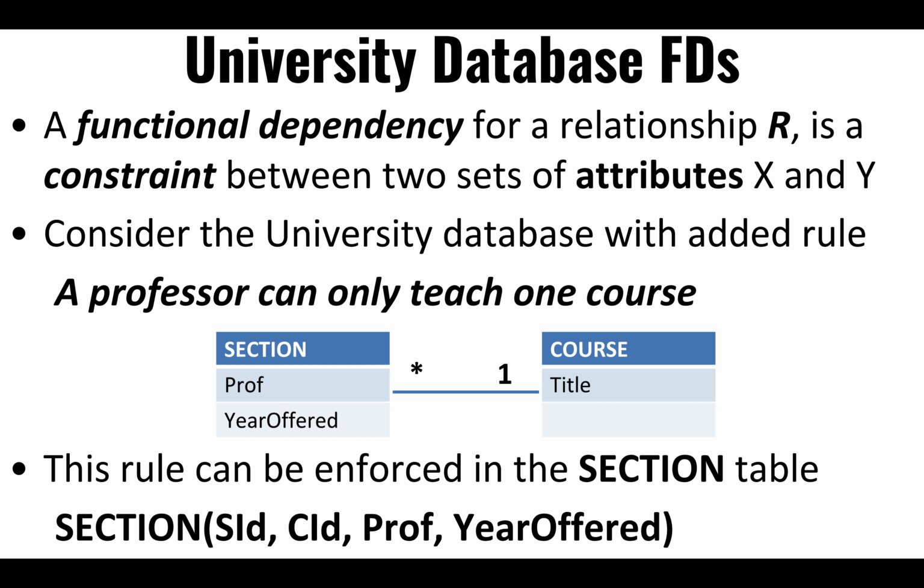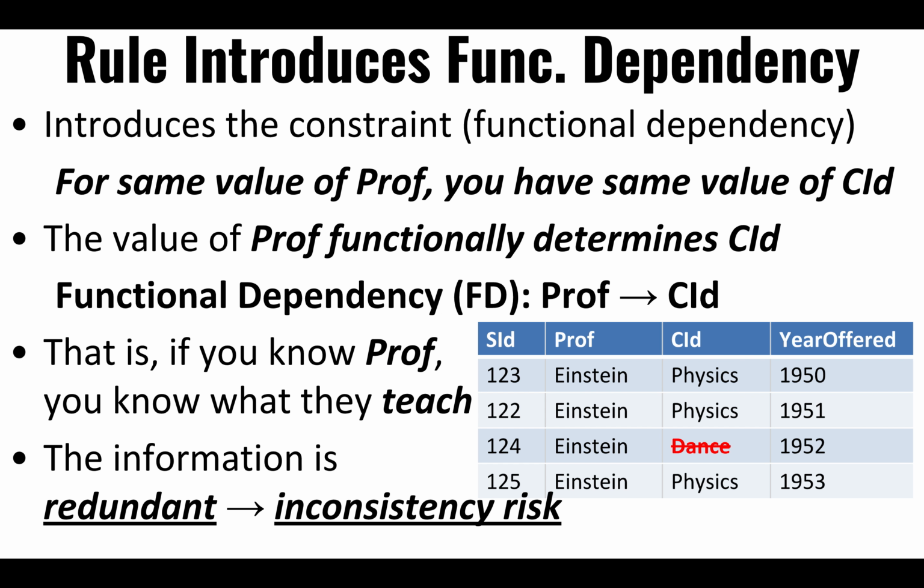That means that in your database, you could inadvertently enter bad data here, right? A professor with one course, but the same professor in a different section teaching some other course. That would be bad data, and there's no way for us to enforce or stop somebody from entering that bad data.